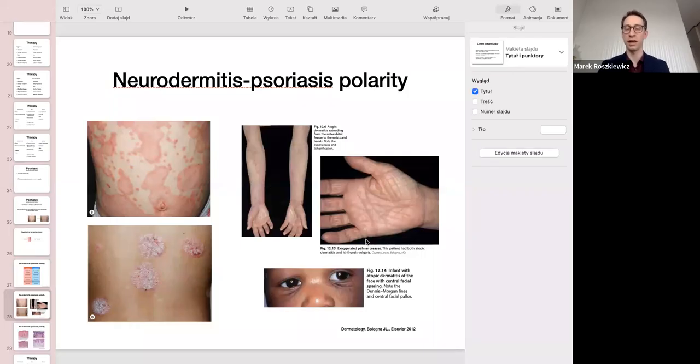On the right side, atopic dermatitis. What I wanted to say is that the biggest trick in dermatology, especially anthroposophic dermatology, is to find which aspect is first: either the nervous sensory system, or metabolic aspects.